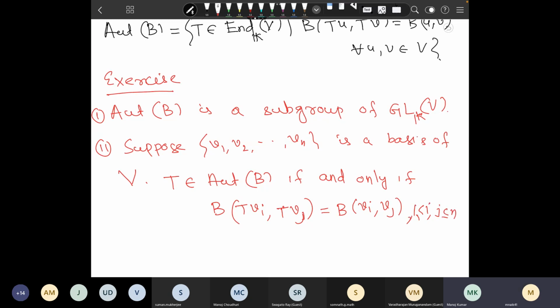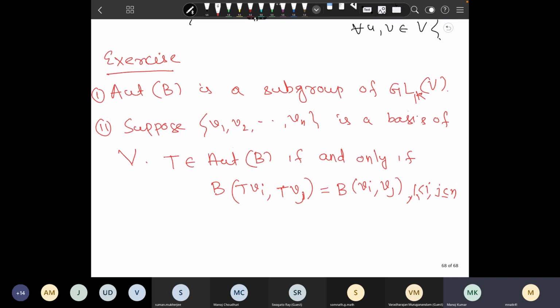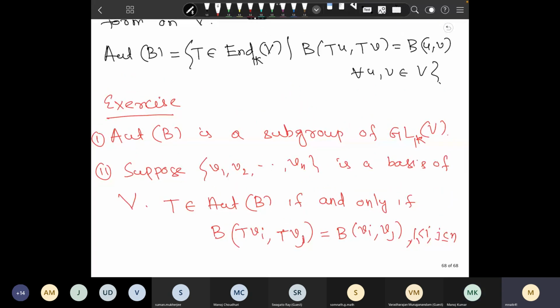The definition says that B of Tu, Tv is equal to B of u, v for all u and v.